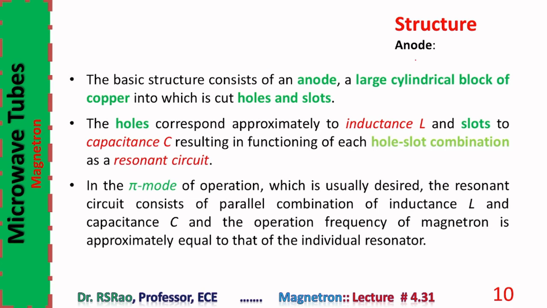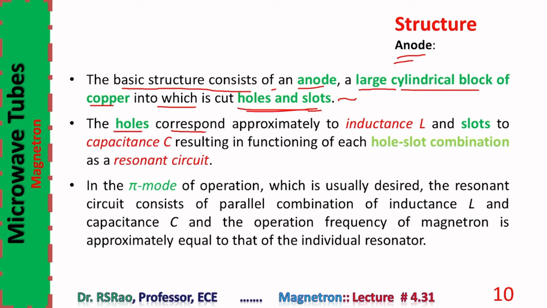Now, a few points on anode part of the device. The basic structure consists of an anode. It is a large cylindrical block of copper into which is cut holes and slots. As I already mentioned, holes and slots are a type of resonators. Other type of resonators are also possible.